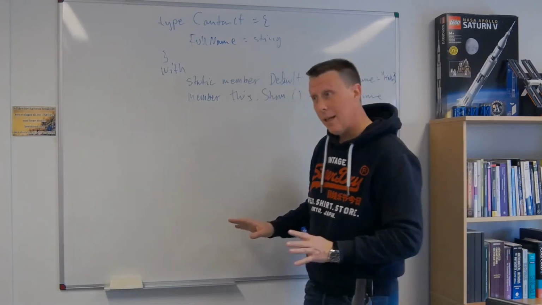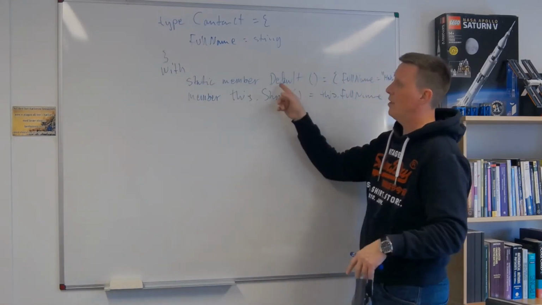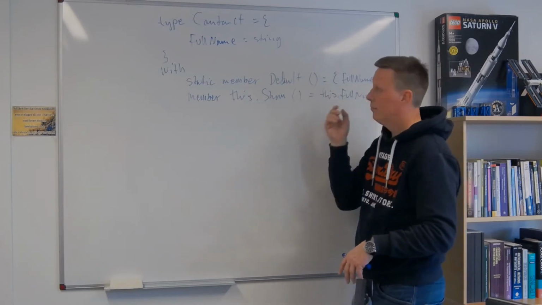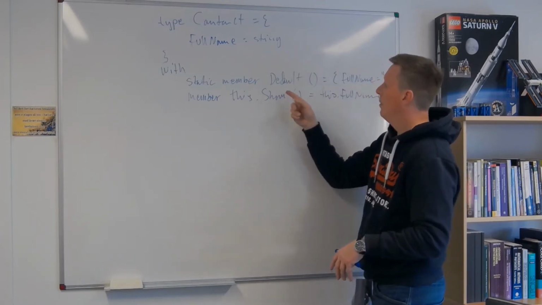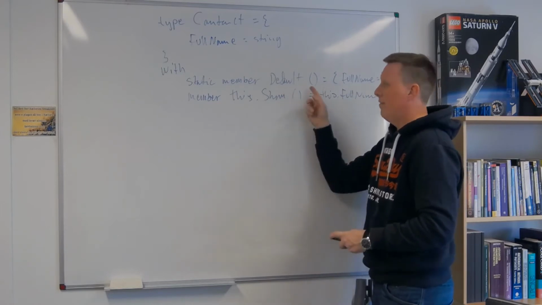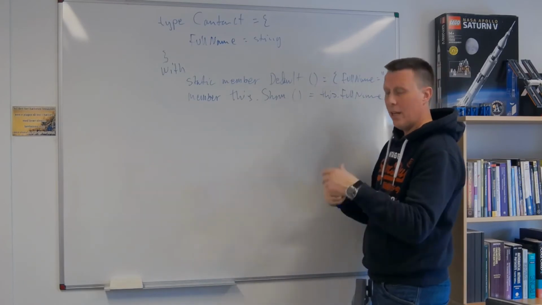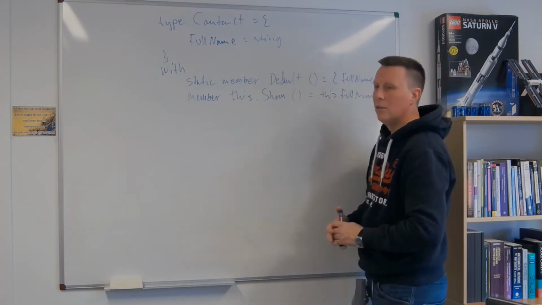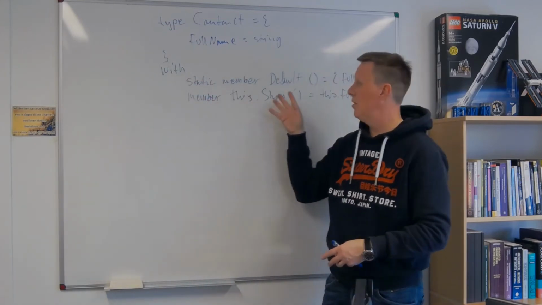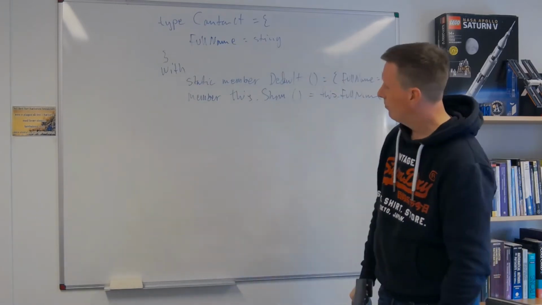But the nice thing about this, and the stuff that you can't do with normal functions, is that you can now do overloading on them. So we can have a default which takes no arguments. We can have a default which takes some arguments, and so on and so on. And that's not available if you don't use this syntax. So that's a case where this is really useful.